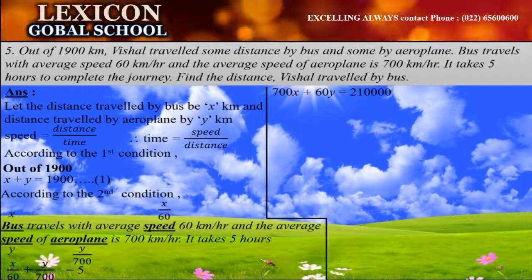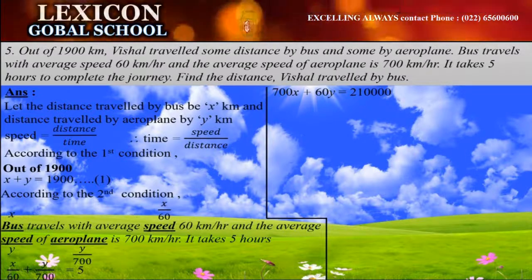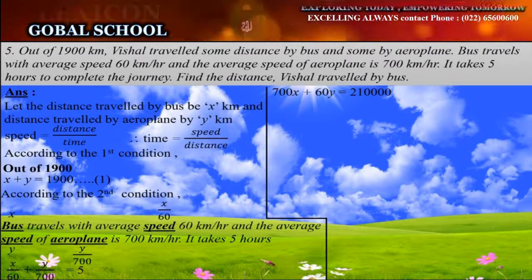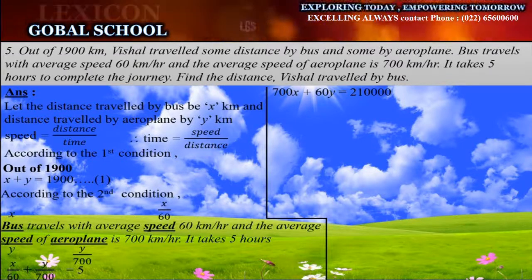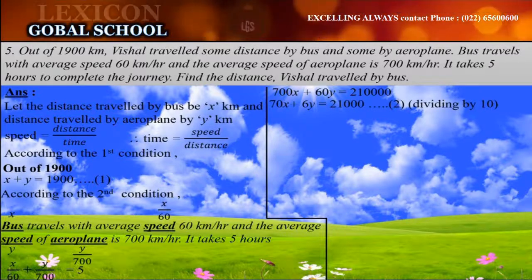When you multiply 42 by 5, you get 210 and 3 zeros. Therefore, 700x plus 60y is equal to 2,10,000. When you divide the entire equation by 10, you get 70x plus 6y is equal to 21,000.